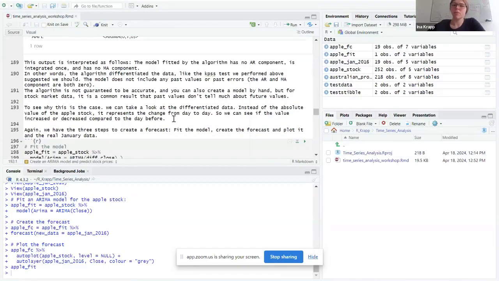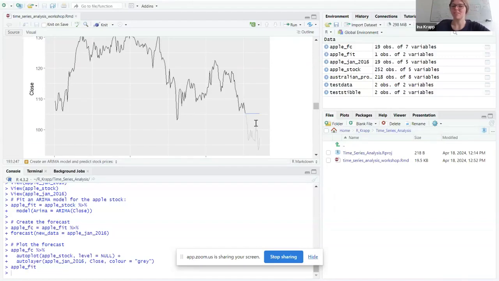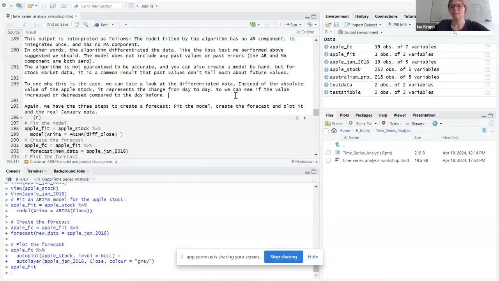We can take a closer look at how the pattern looks that the model has underlying, which will hopefully enable us to understand better why we get this seemingly somewhat strange result where the model simply predicts that the value of the stock might stay exactly where it was.